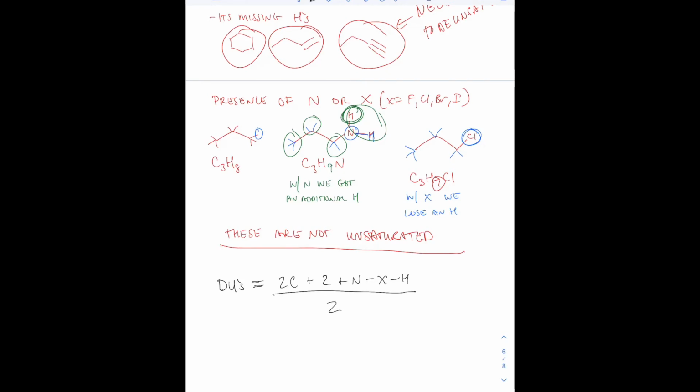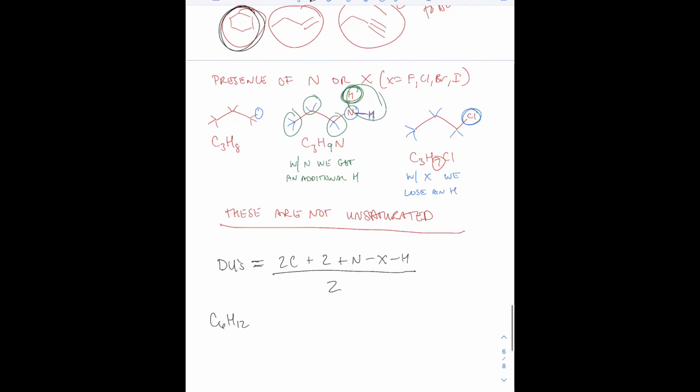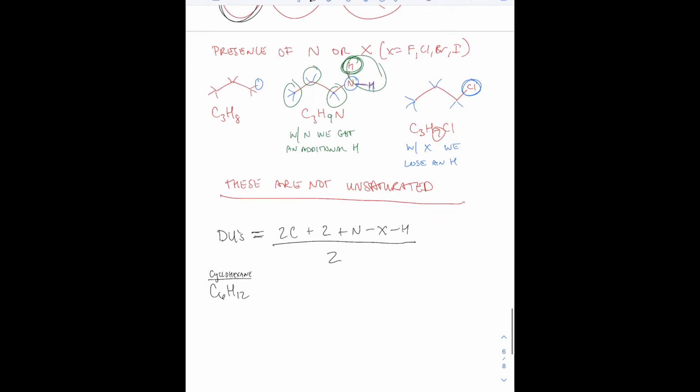So for example, if I wanted to calculate the degrees of unsaturation of cyclohexane, first of all we need the molecular formula, C6H12. So this is cyclohexane.